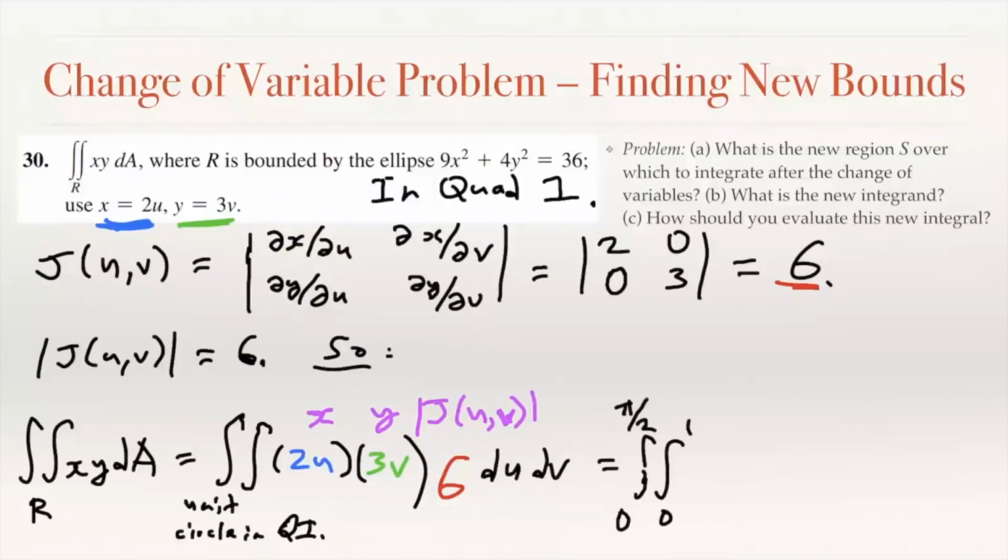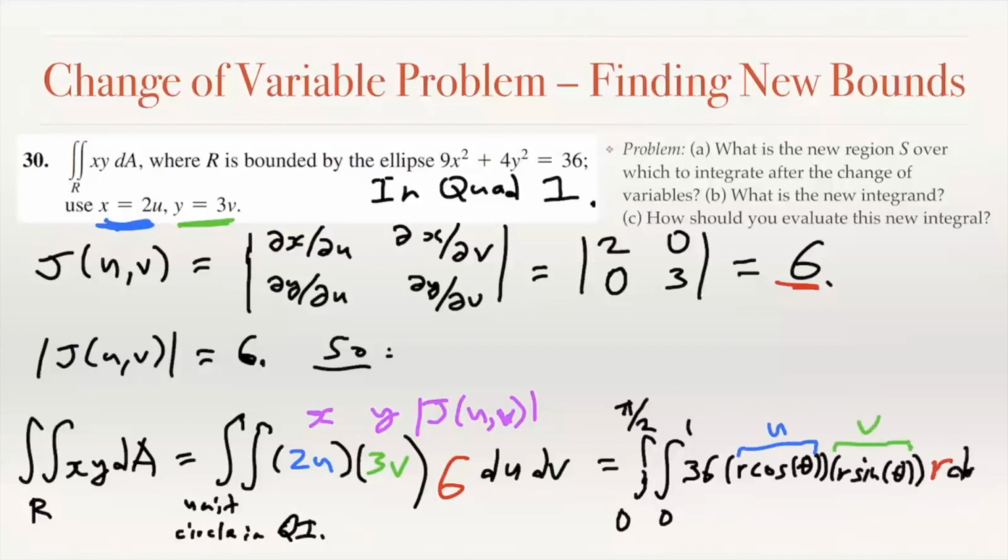Here we have a 36 times, okay, u is r cosine theta. v is r sine theta. That's our u, that's our v after changing to polar. And don't forget that when we change to polar, we need to include that r.